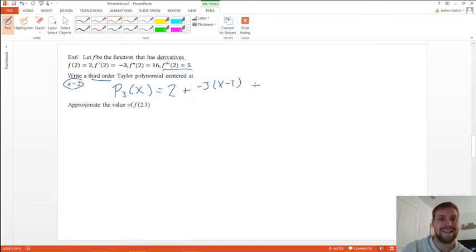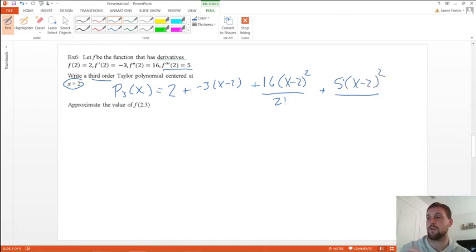And then plus f double prime, which is 16 times x minus 2 squared over 2 factorial. And then plus f triple prime of 2, which is 5 times x minus 2 cubed over 3 factorial. Yay. So there you go.